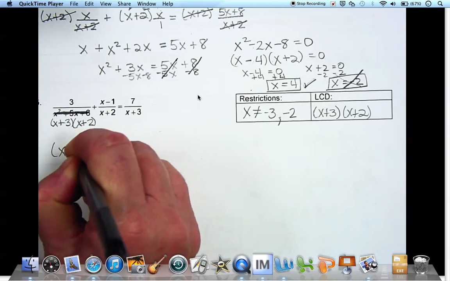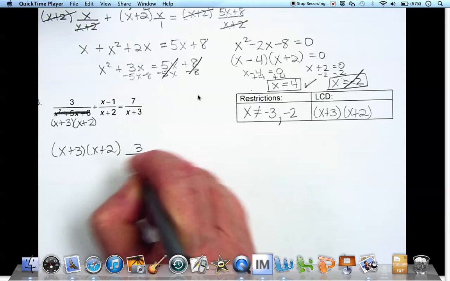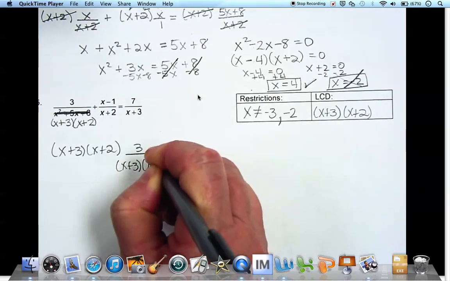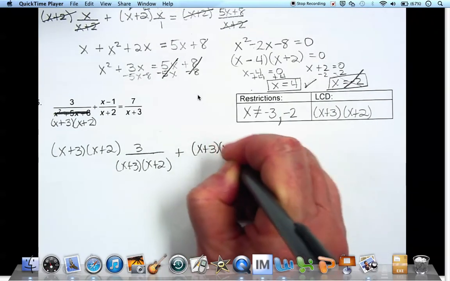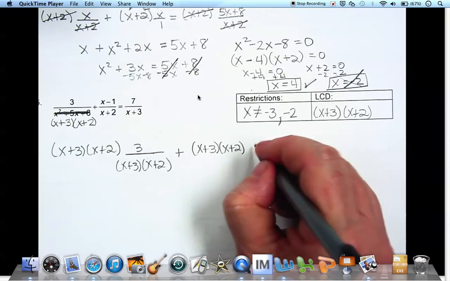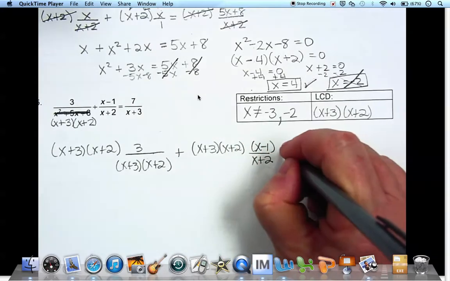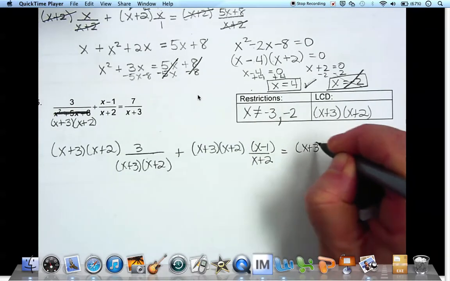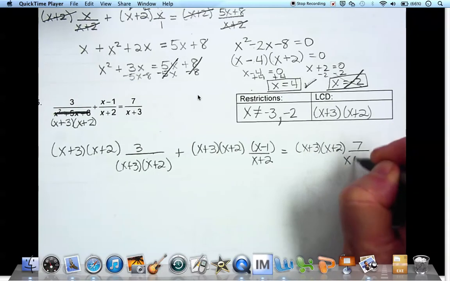So we'll have x plus 3, x plus 2 times 3 over x plus 3, x plus 2, plus x plus 3, x plus 2 times x minus 1 over x plus 2 equals x plus 3, x plus 2 times 7 over x plus 3.